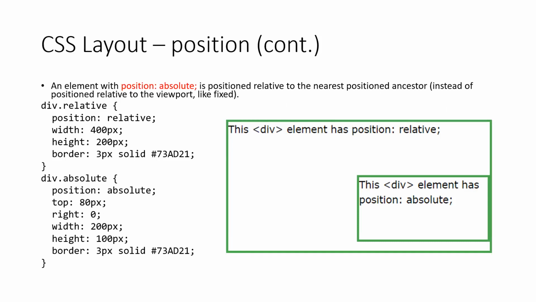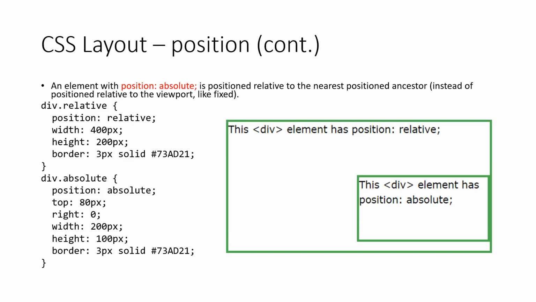Right. Now you can see there are two div elements. You can use relative and absolute positioning. In that particular case, when you say position absolute, it is positioned relative to the nearest positioned ancestor, instead of relative to the viewport like fixed.